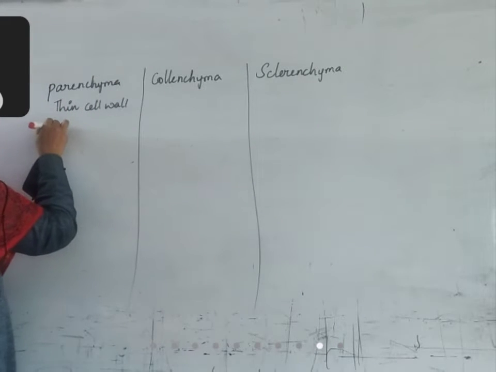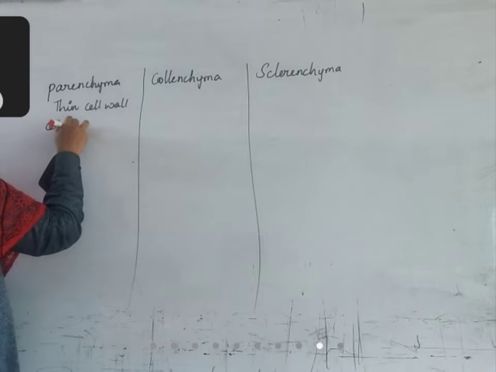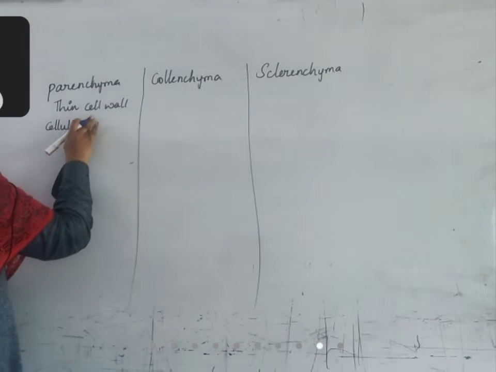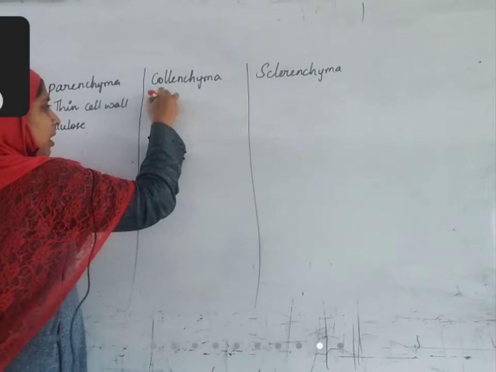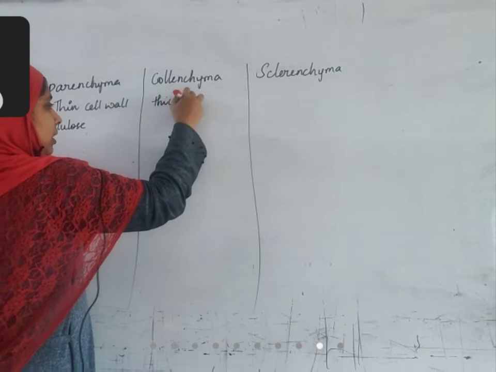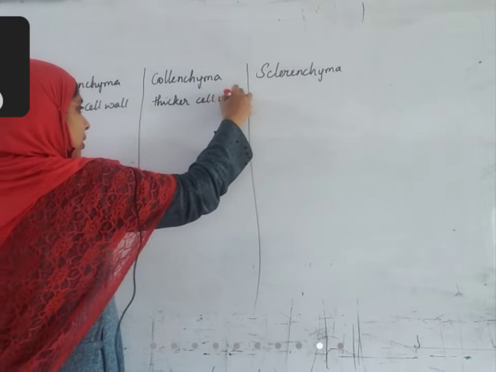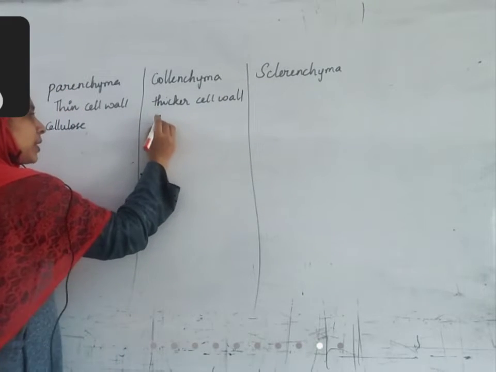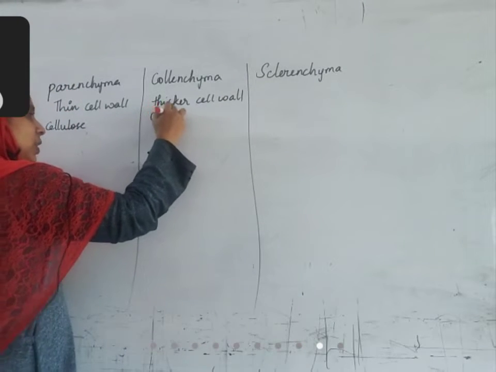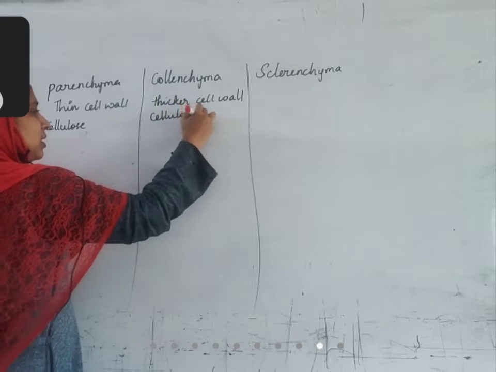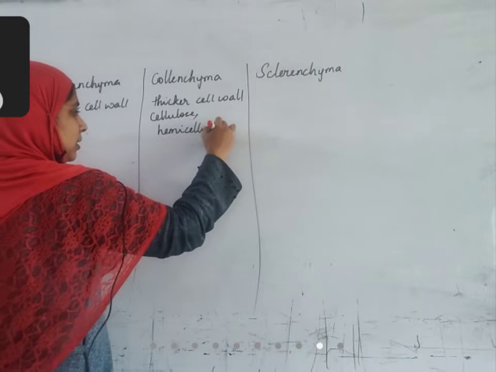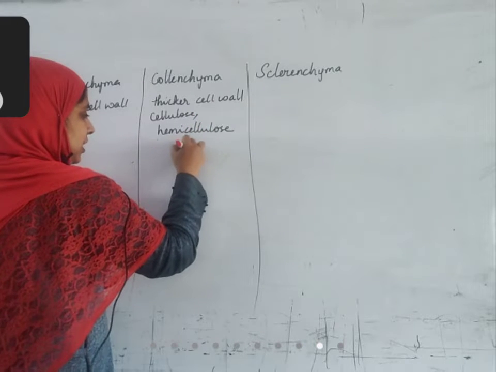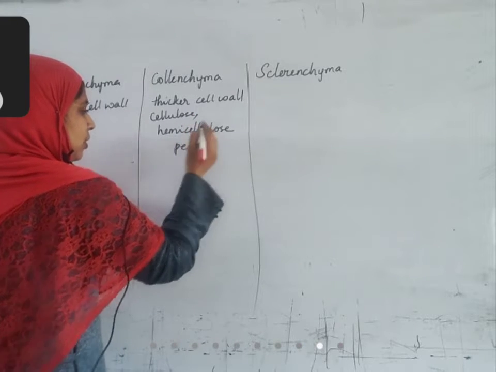What is present in the cell wall? Cellulose, that's all. In case of collenchyma, thicker cell wall. So here cellulose is present, hemicellulose is present, and pectin is present. Why?